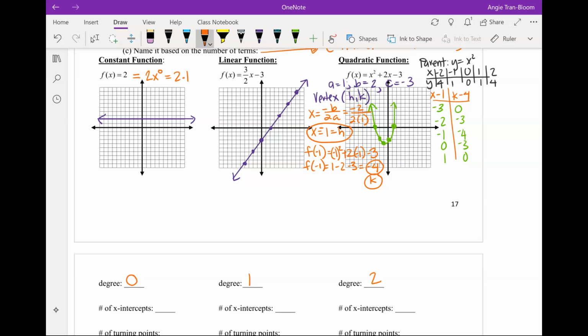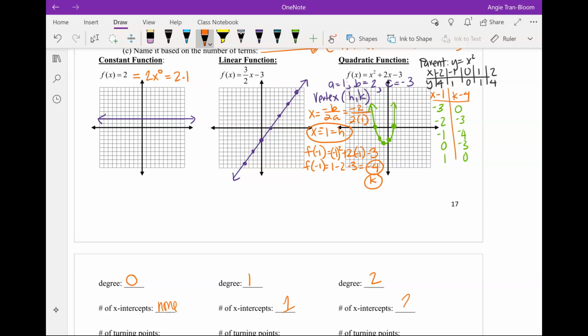Now look at the x-intercept for the constant. Okay, you can even look at my projector. For this particular case, does it intersect the x-axis at all? No. So for this one, we say none. Okay. How many x-intercepts do we have for this particular linear? 1. Now, how many x-intercepts do we have for the quadratic? 2.